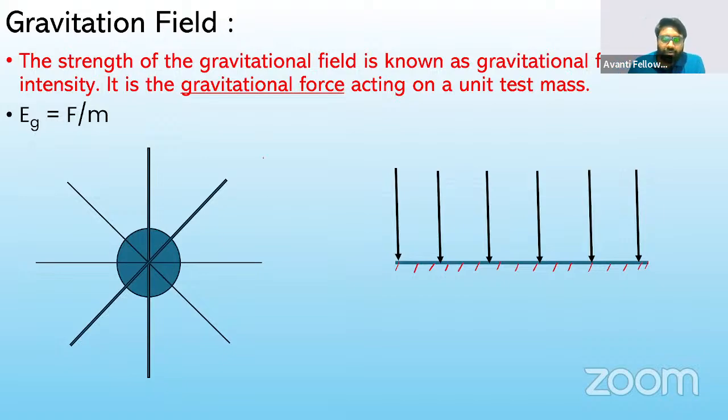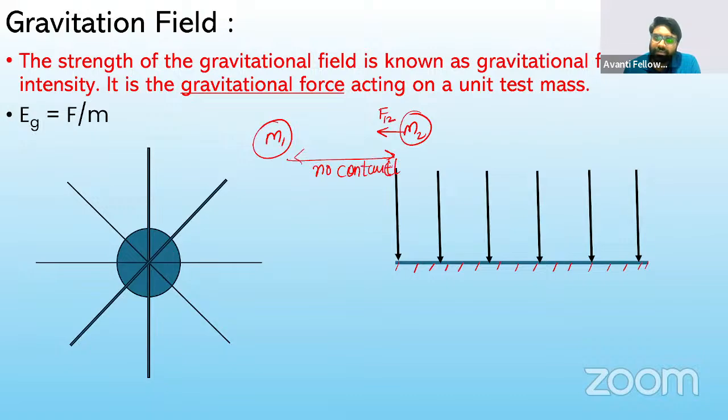Clear? So look, if I have two particles m1 and m2, and m1 applied a force and pulled m2 toward itself, the force applied by m1 on m2 is F12. But there is no contact between them. Then how is this force working?